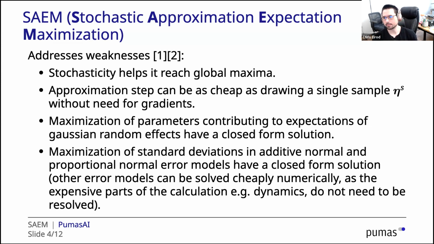It doesn't need them at all for most parameters, and it does, however, need them if you have an error model that is not the additive or proportional normal. But then it only needs to take these derivatives with respect to the variability parameters of your error model.